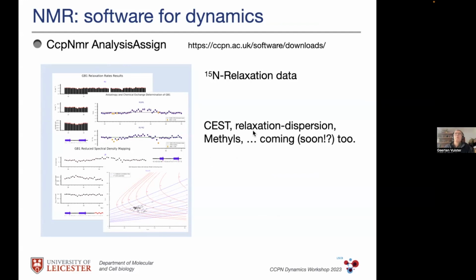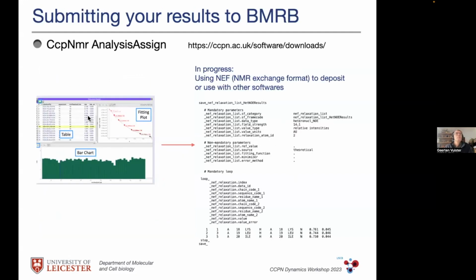I mentioned that we're working on the CEST and the relaxation dispersion for metals, and they're coming soon as well in the same setup. Now, one thing which I would really want to stress: here's the output, essentially a table with all your results.